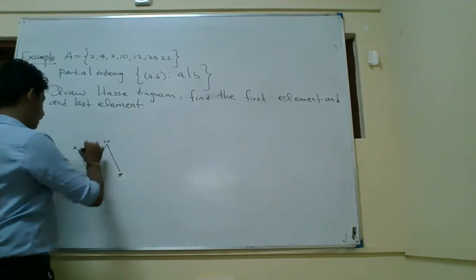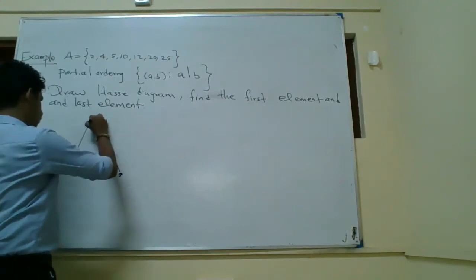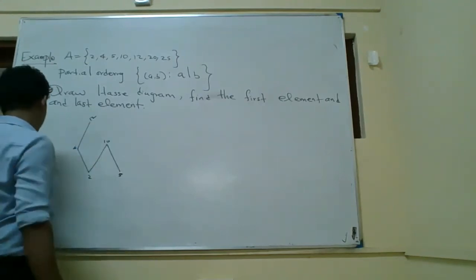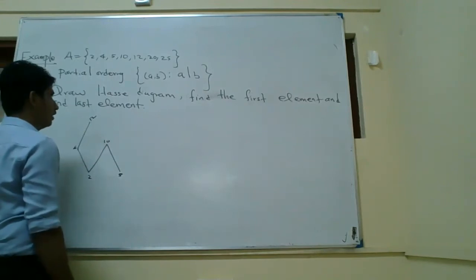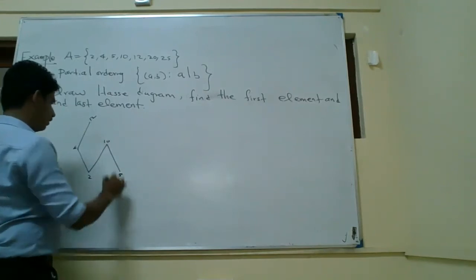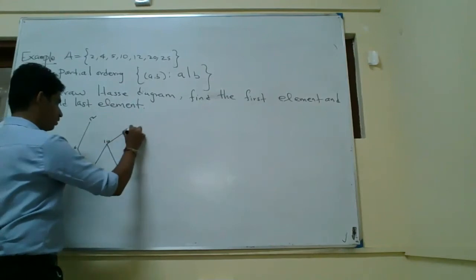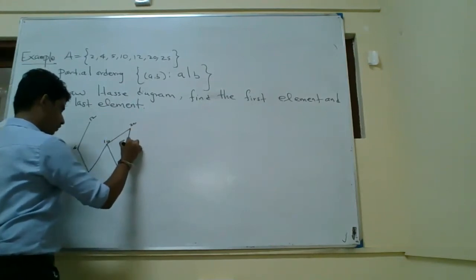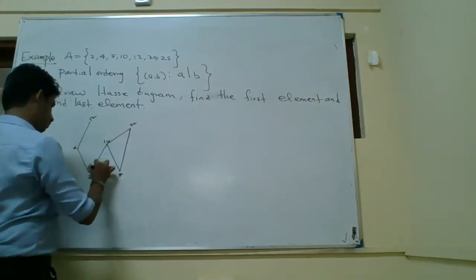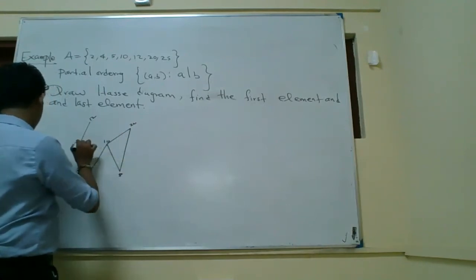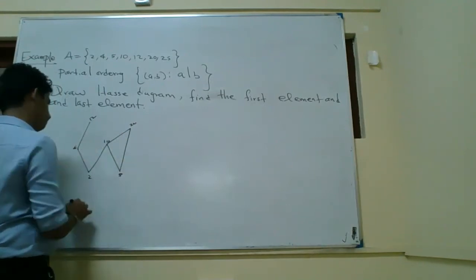Now 12. 12 you can put like this. 12 is a multiple of 4. You have the relation between 5 and 10. Then you can put like this: 20, 5, and 10. And 4 also has a relation to 20.